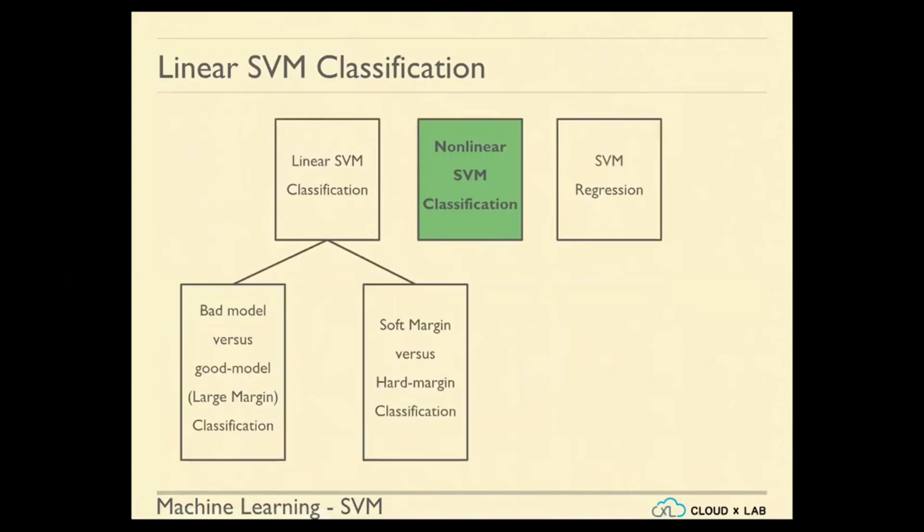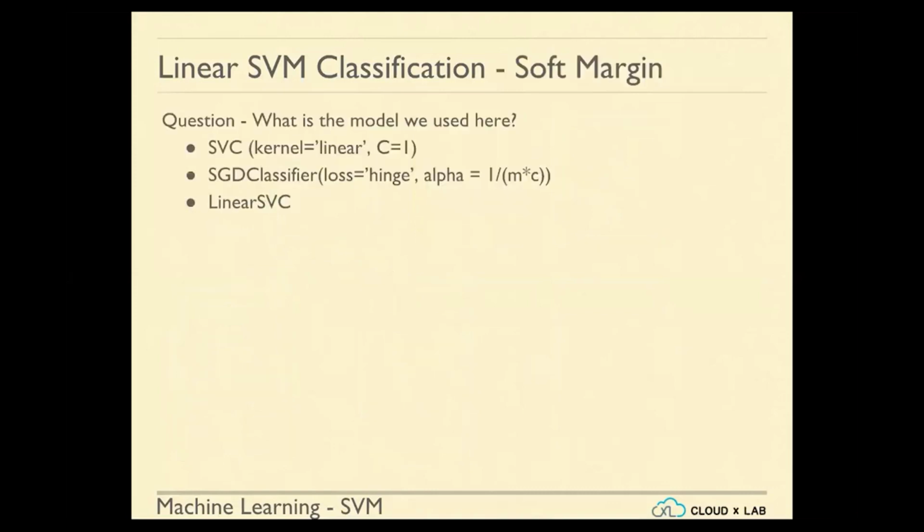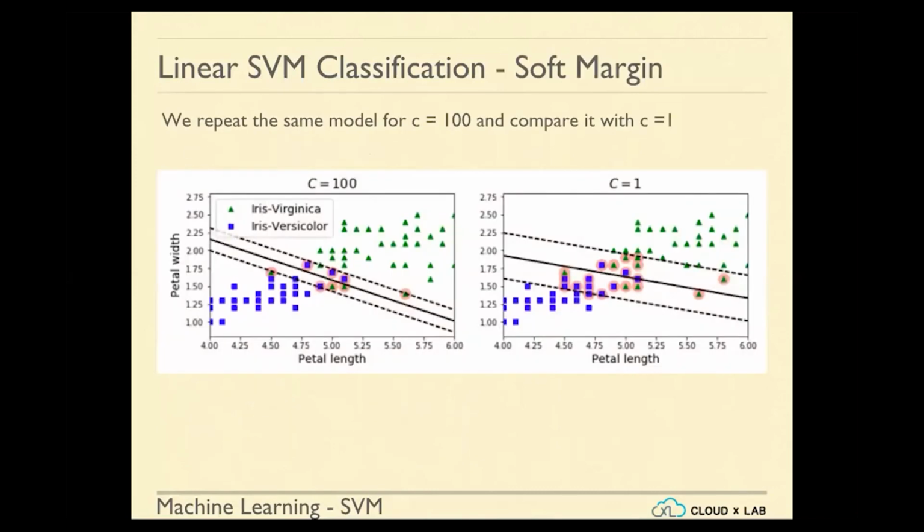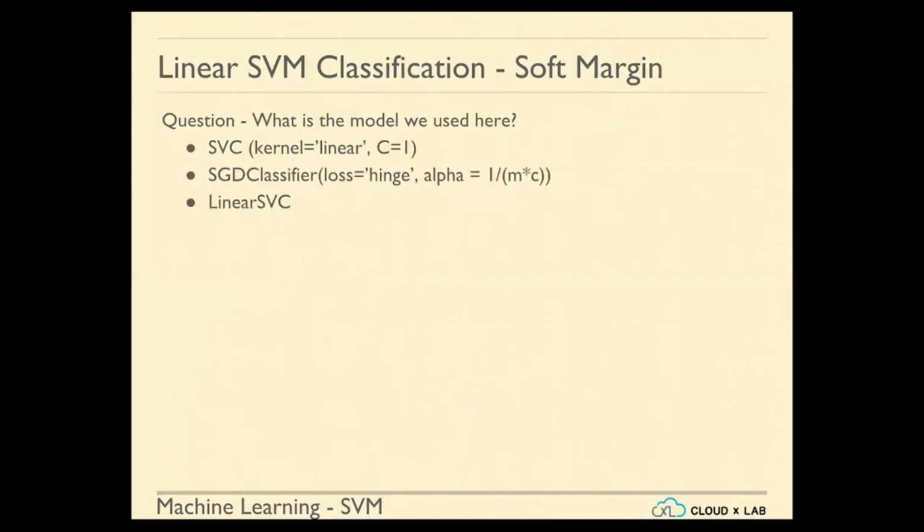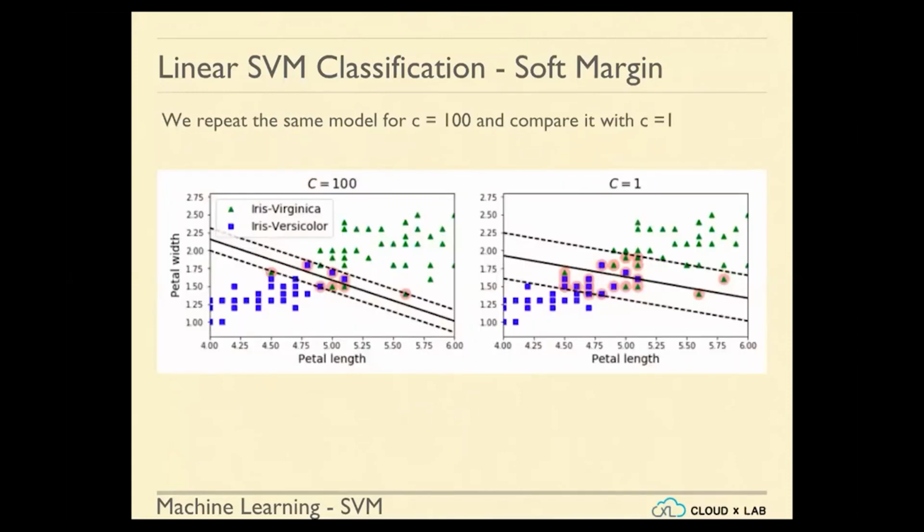So what we just discussed was the soft margin versus hard margin. And to negotiate between the two, we use the regularization parameter called C. Small C means a bigger street, bigger C means a smaller street. All right, so that's what we want to demonstrate here.